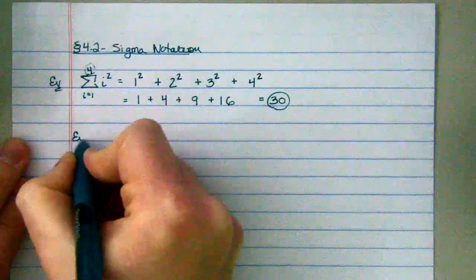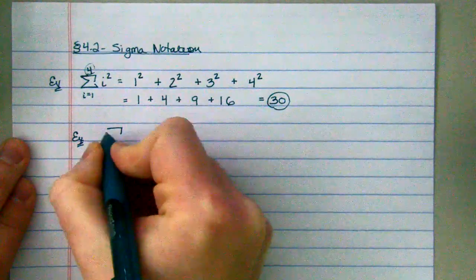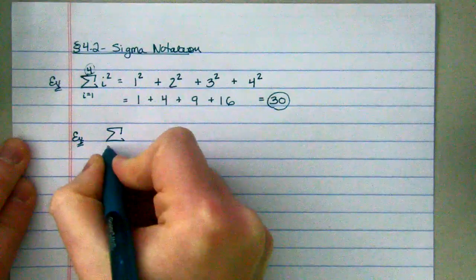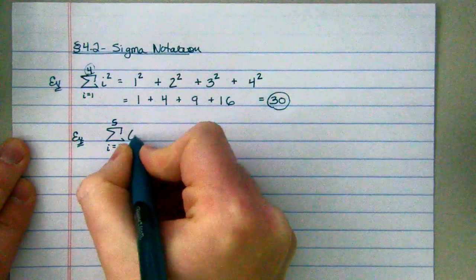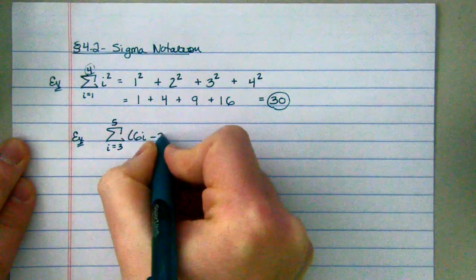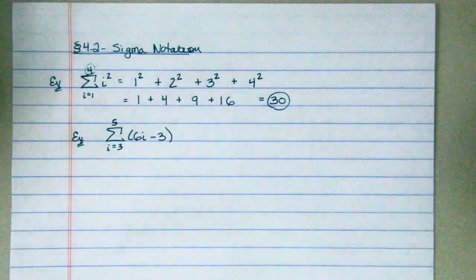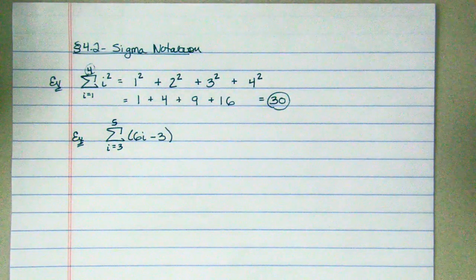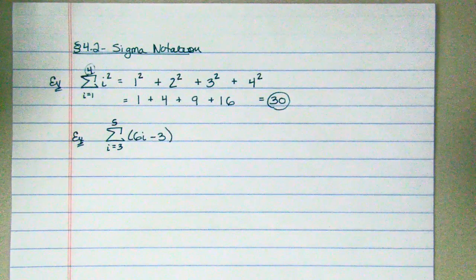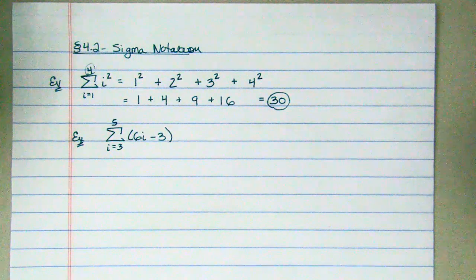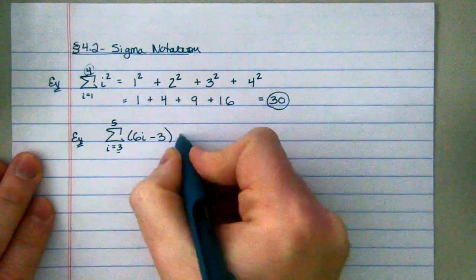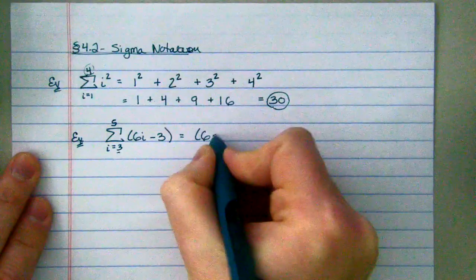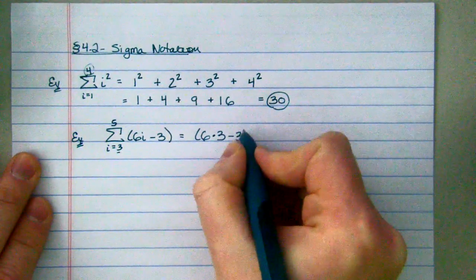Let me show you another one. Let's say we have the sum as i goes from 3 to 5 of 6i minus 3. What's the first number that I need to plug into this formula for i? Well, it should just be our lower limit. I'm going to plug in 3, and I'm going to get 6 times 3 minus 3.